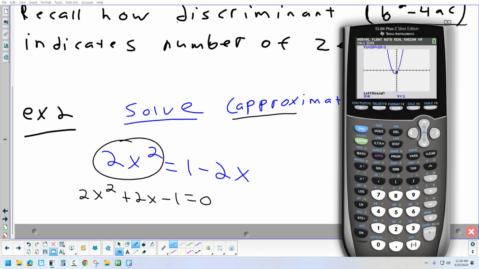It's going to ask you 3 questions. First question is left bound. So pick a point somewhere to the left of where you think it crosses the axis. And once I put my cursor where I want it, what do you think I have to press? Enter. The next question it says is right bound. Put your cursor somewhere to the right of where you think it crosses the x-axis and hit enter again.